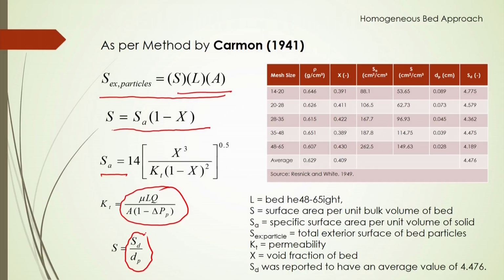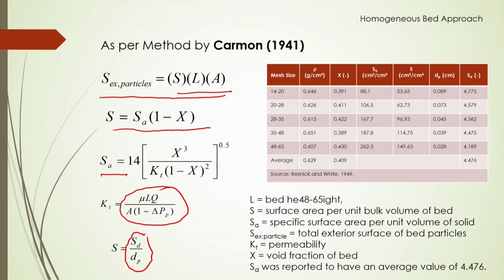What is this S_d? S_d is generally a reported parameter and can be taken as an average value of 4.476, and dp is the particle diameter.